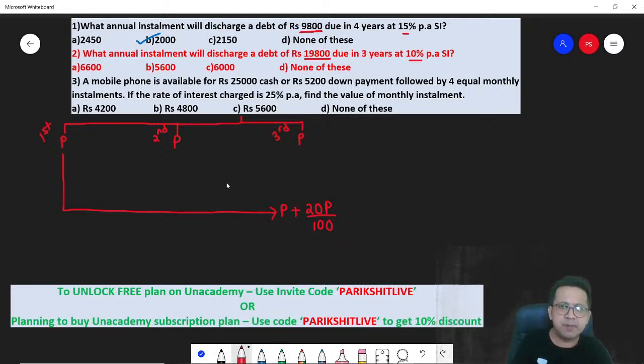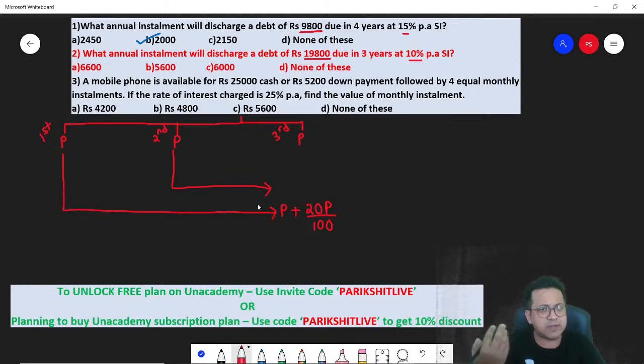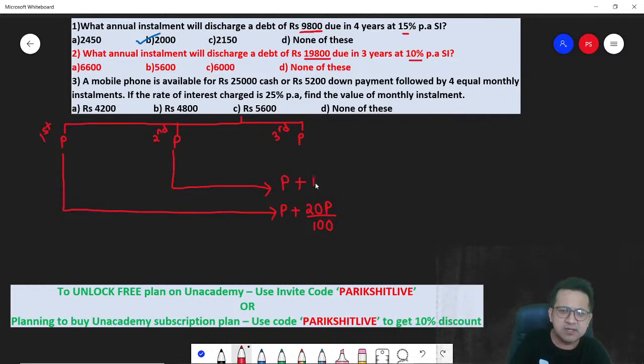Correct? Similarly, at the end of the second year, if you return the money, remember the bank has to have the money only at the end of 3 years. You return at the end of 2 years. So for 1 year, the bank got the money in advance. So the bank is going to take your money and keep it in their savings account, right? So how much will the bank earn? 10%. So 10P by 100.